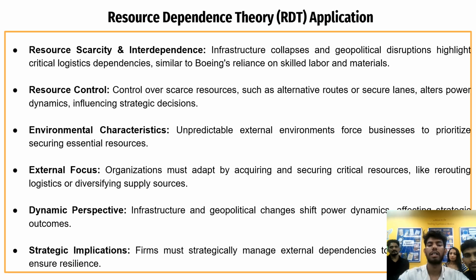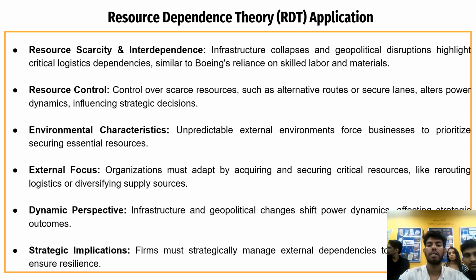This dependency can lead to a vulnerability, particularly when these external resources become scarce or when the environment becomes unstable, as seen with the Baltimore Francis Scott Key Bridge collapse, geopolitical conflict, and Boeing supply chain issues.